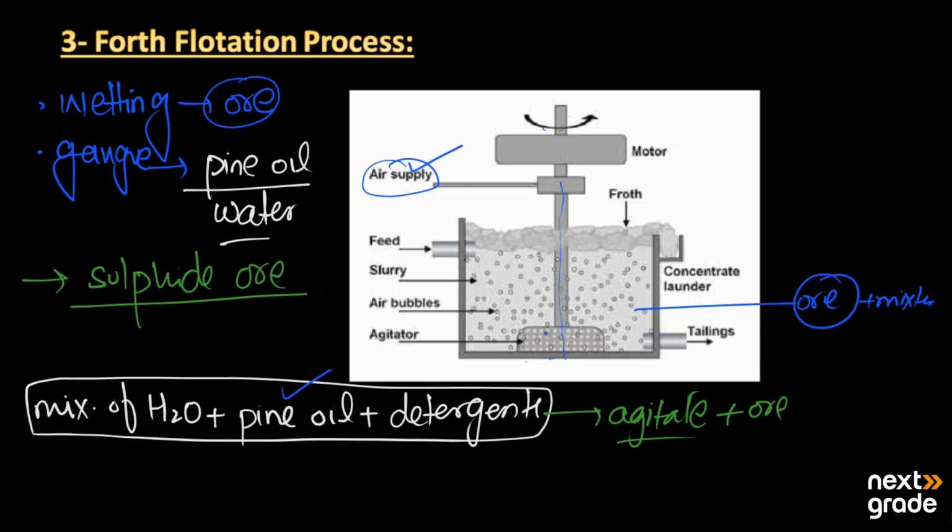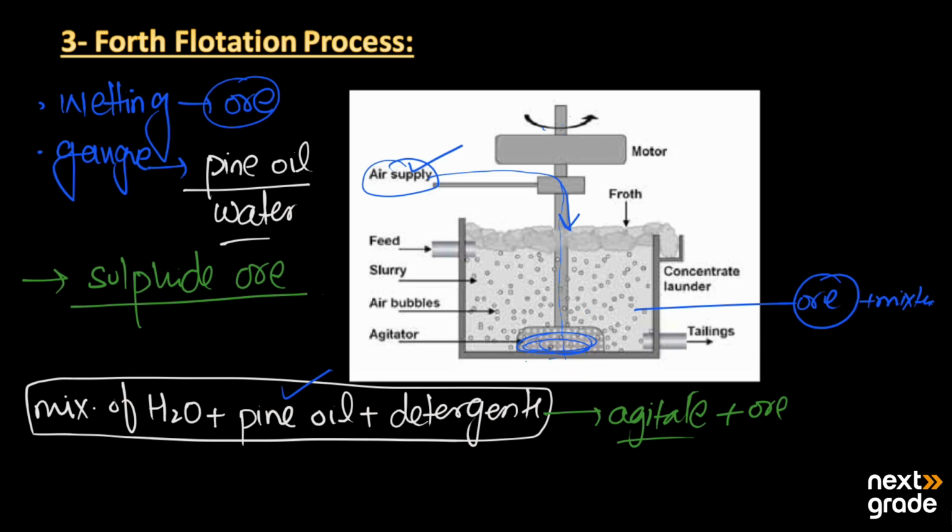What just happened? Basically, a blast of compressed air is blown through the pipe, and the rotating agitator is moving and mixing the material.